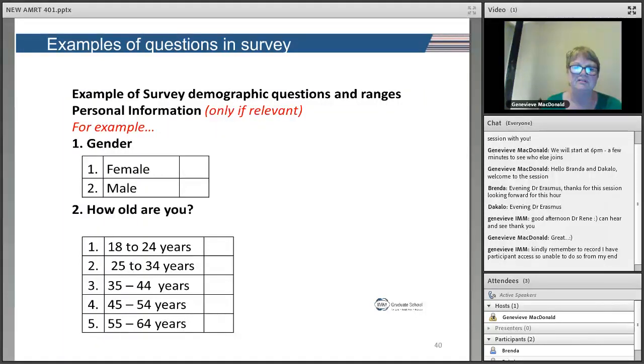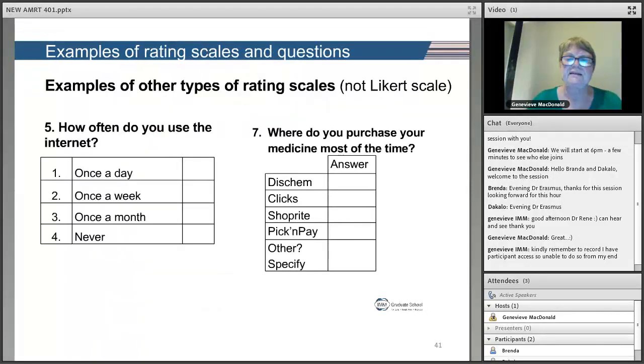I never answer it. The neater it looks, the more compact it looks, maybe somebody will consider doing your survey. So you put the categories there for them just to tick. It's easy, it's fast, it's neat.